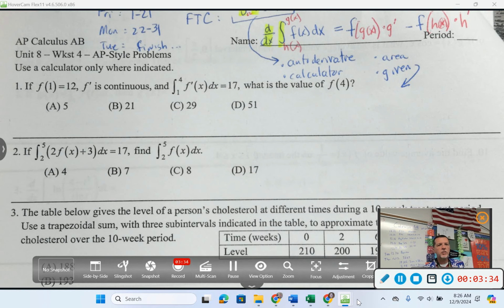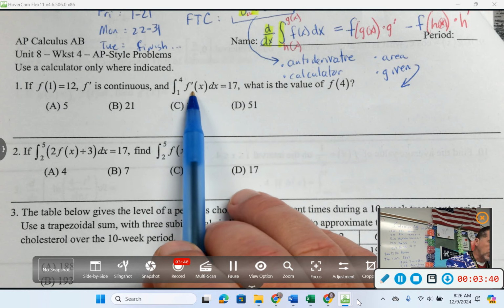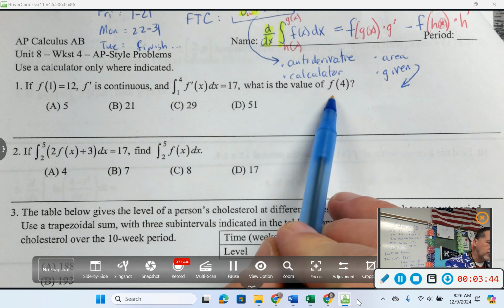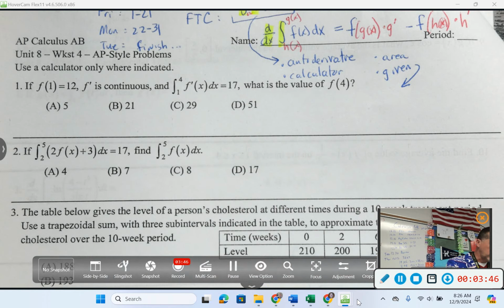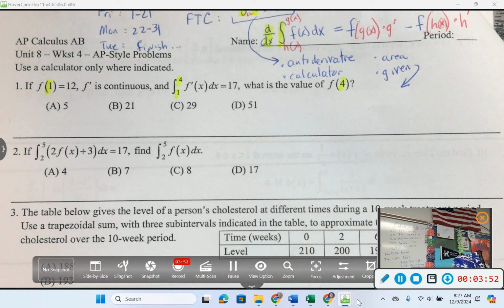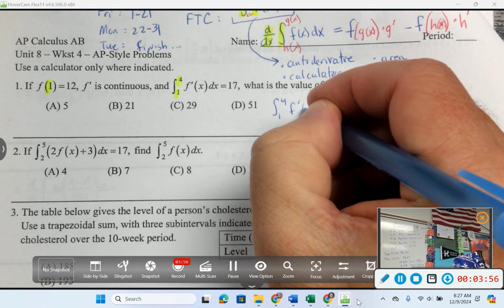If f of 1 is 12, f prime is continuous, and the integral of the derivative of f is 17, find f of 4. Okay, so this problem almost gives me too much information. The x's are 1 and 4. The integral from 1 to 4 of f prime.